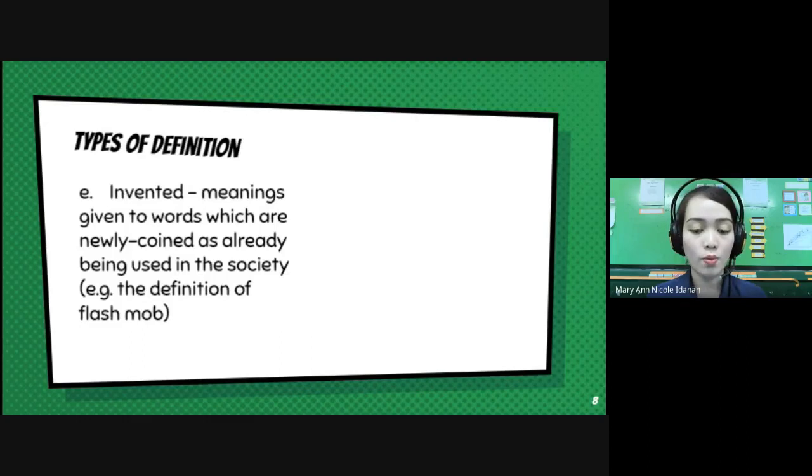But we cannot include words such as gay lingo, or words that are slang or colloquial. We cannot add those words because they have no meaning in academic writing. So we cannot define words like charot, or whatever words that are not significant in academic writing. Okay, so again, those are the 5 types of definitions.